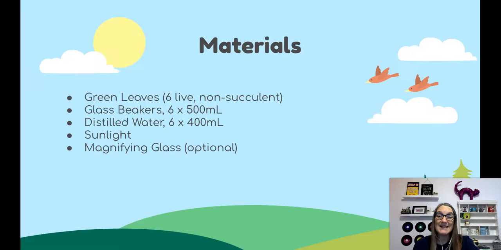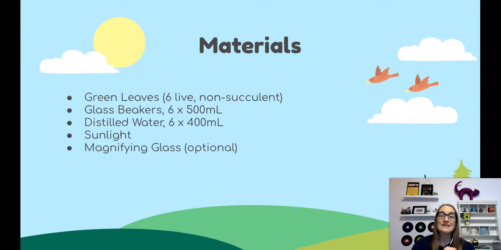Okay, the next thing our lab report does is list the materials required. This is already done for you on the lab report template I'm providing you. You can choose to copy it out, but you don't need to if you use the printed version. Our materials are 6 green leaves that are live, so hopefully we'll be plucking them off a plant very shortly before we begin the experiment.